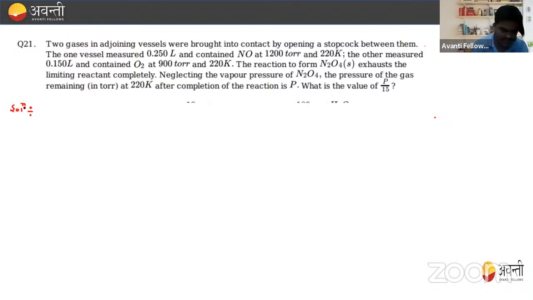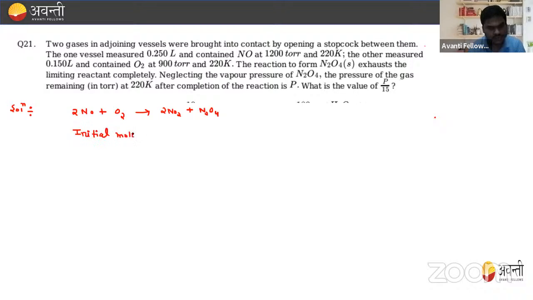Okay, so let me discuss this question. We know the reaction, so let me first write it. When 2NO reacts with O2, it gives us 2NO2, which goes on to form N2O4. So what is the initial mole of NO?